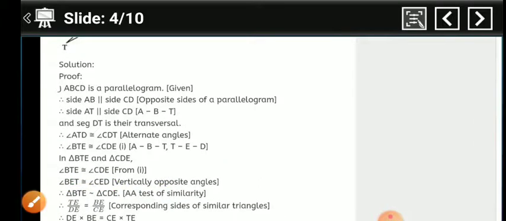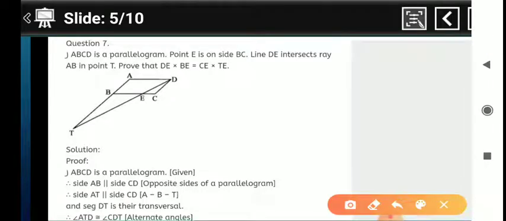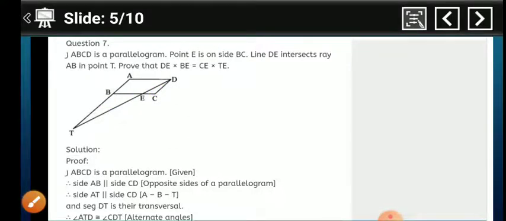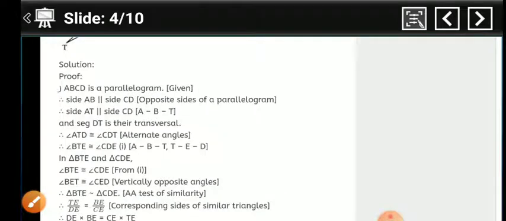So see again in the figure. This pair of angles is vertically opposite angles, and these two angles are also congruent. So in these two triangles we find two pairs of angles are congruent, and therefore these triangles are similar by the AA test of similarity.